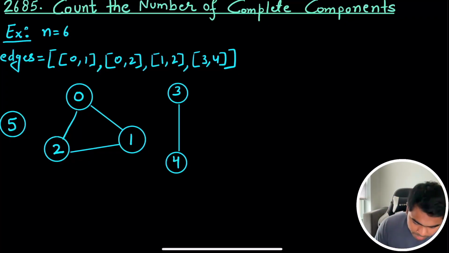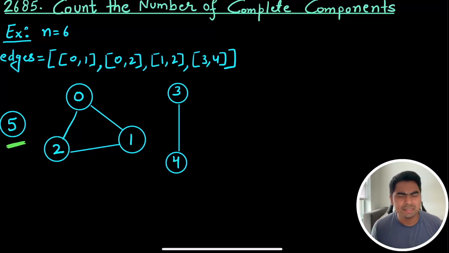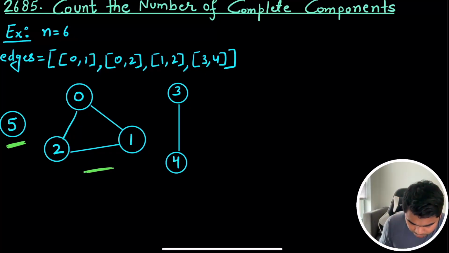So first of all, is this a connected component? Is 5 connected to itself? Yes, it is, because there is just one node in this component, and a node is connected to itself. How about this one? We'll go vertex by vertex.